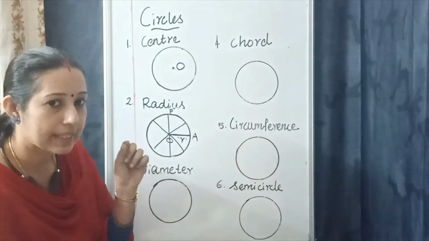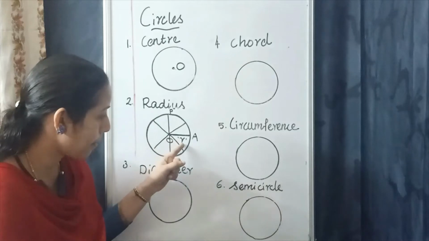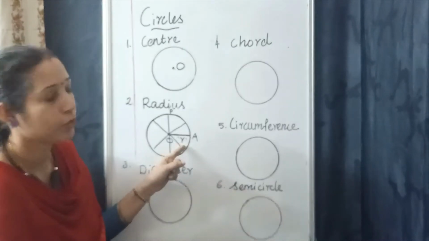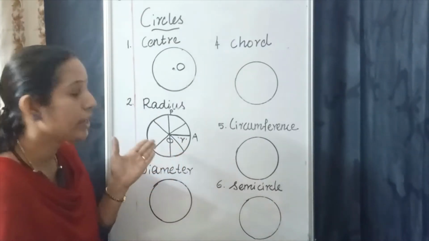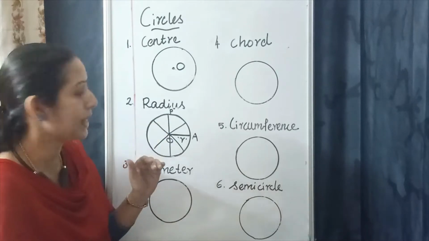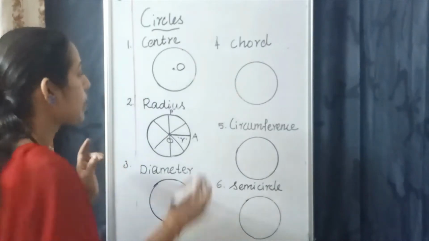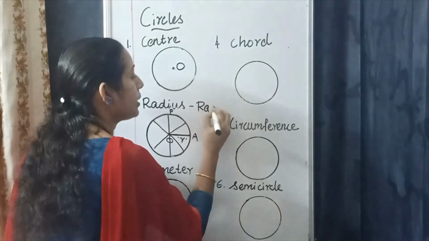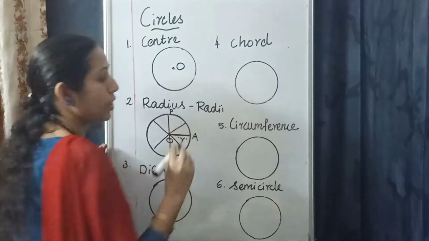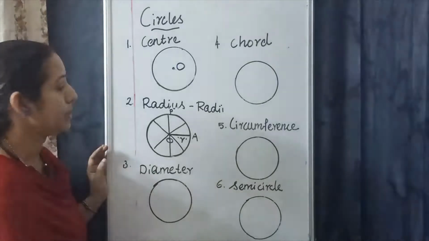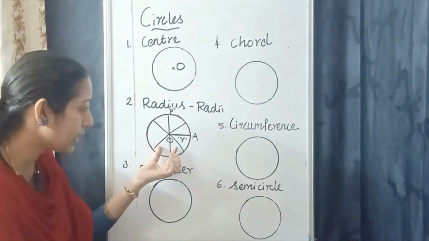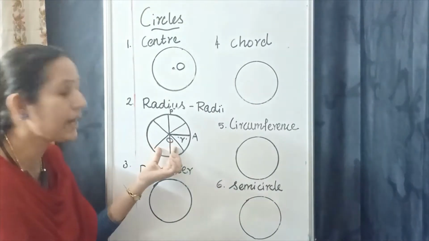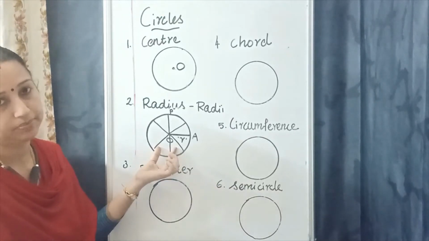To represent the radius, we use small letter r. Radii is the plural form of radius.